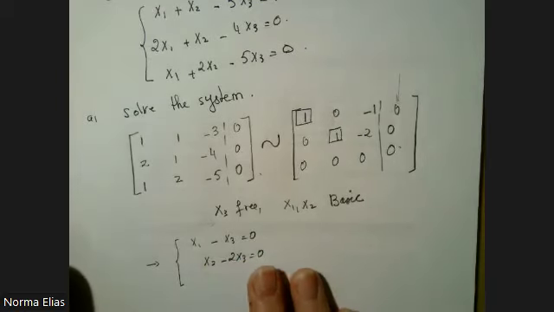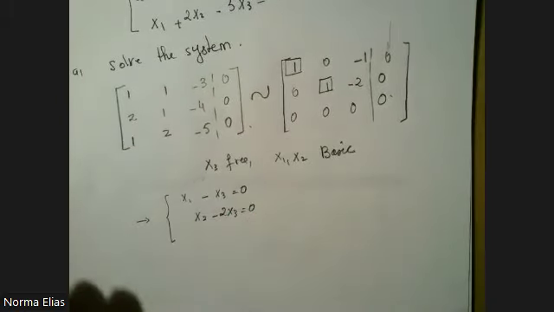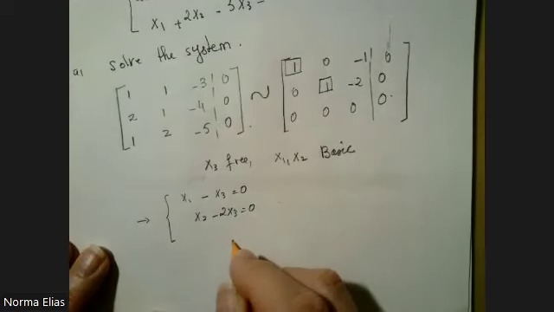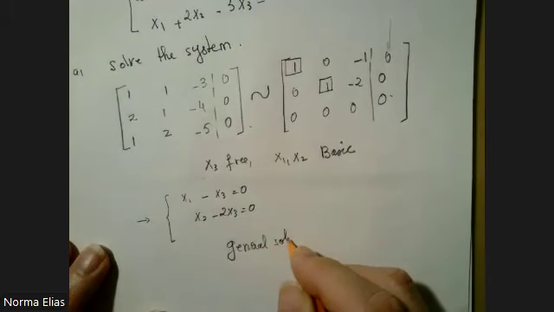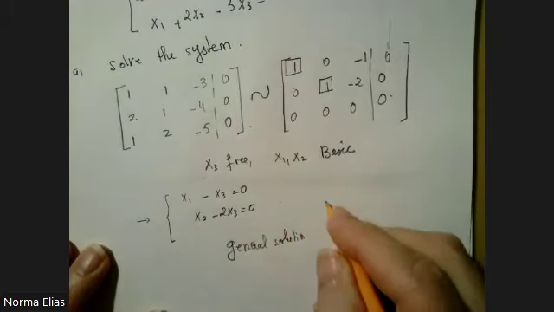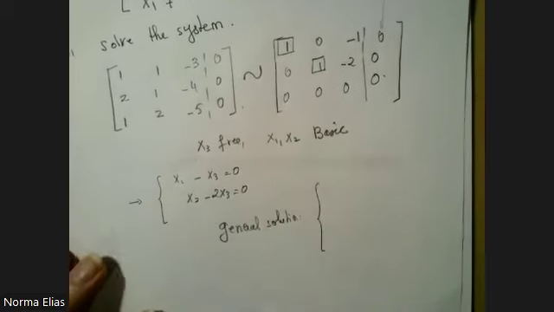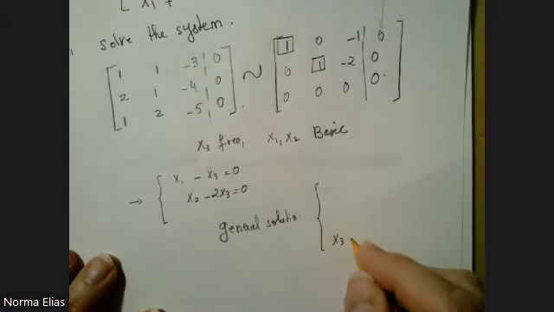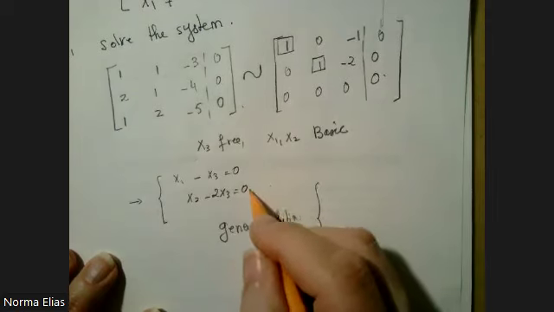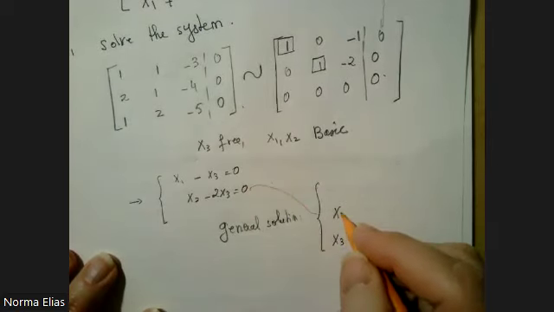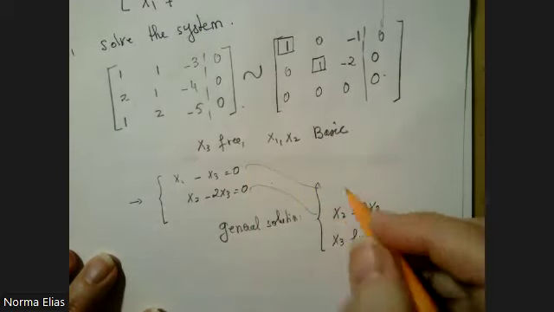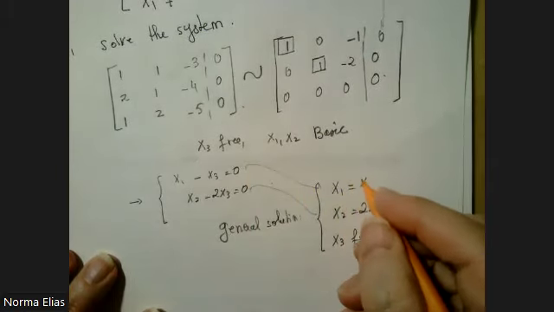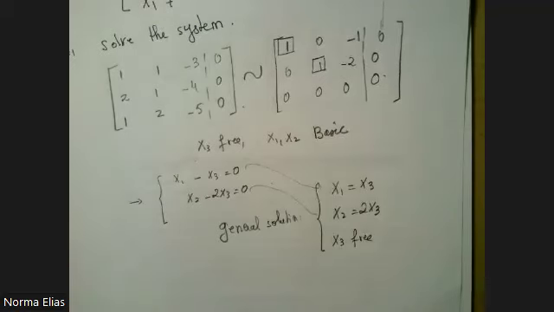And the last one reads 0 equals 0. And as we said, solving the system, what's going to be the general solution? Solving means express everything in terms of the free variable. So x3 is free. The second equation gave me x2 equal to 2x3, and x1 equal to x3. Okay, so that's what we have so far.